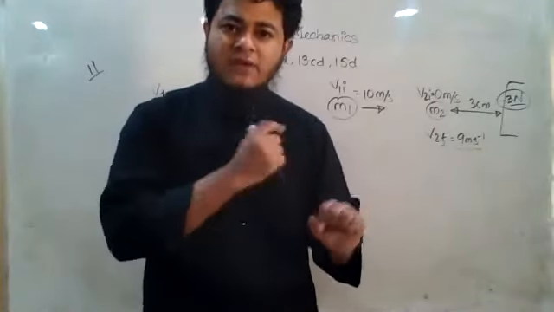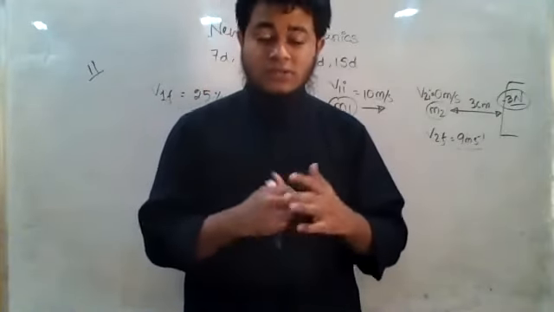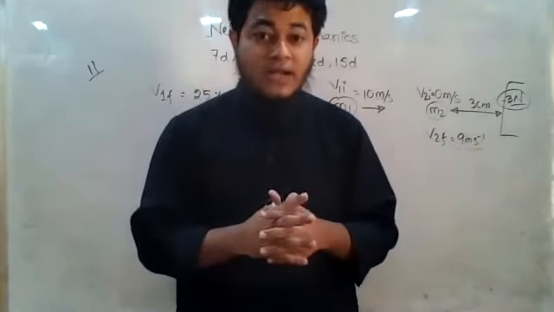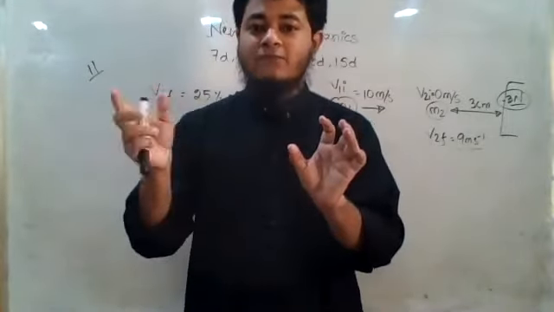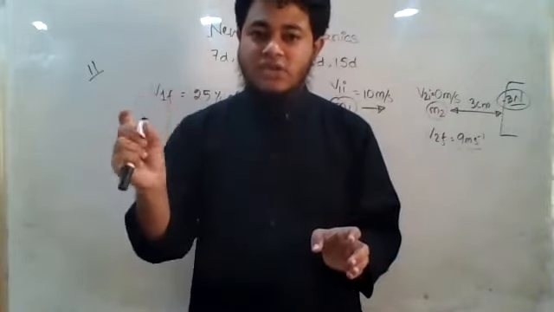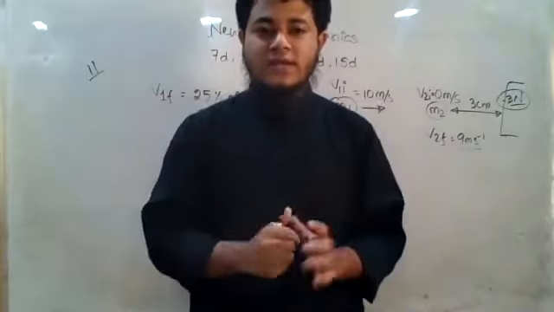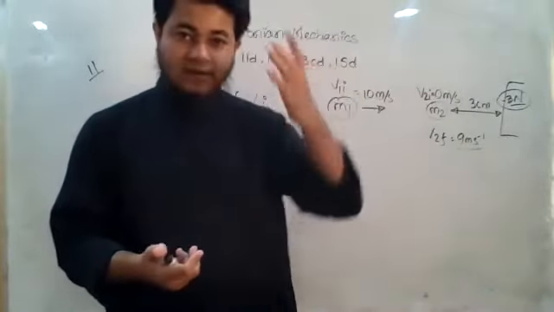If I change the velocity of this body, then what will happen? The kinetic energy will also change, because we know that kinetic energy is equal to half mv square. So the mass is the same, but if I change the value of v, then definitely a change is going to occur in kinetic energy, right?